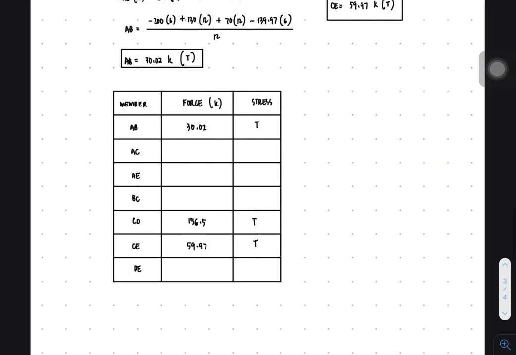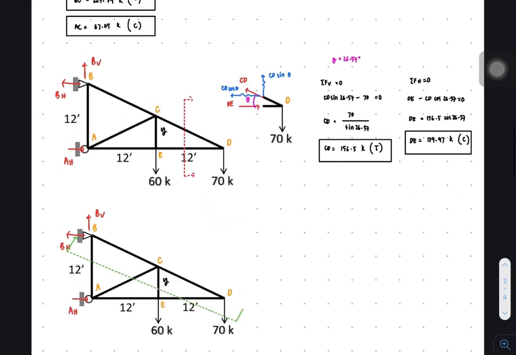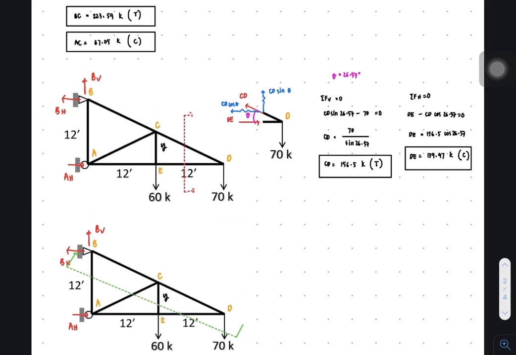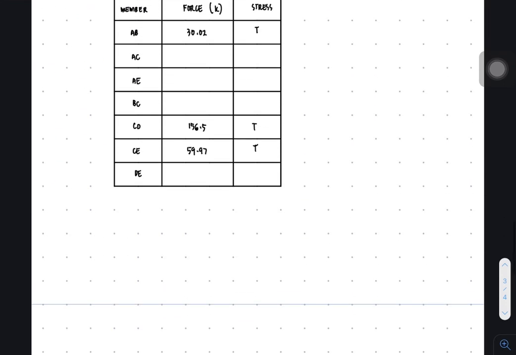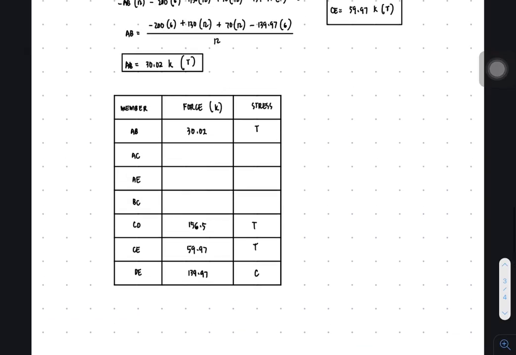And then DE is 139.97, and it's in compression.